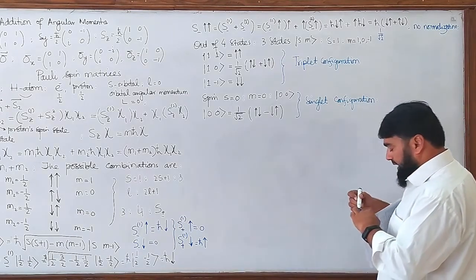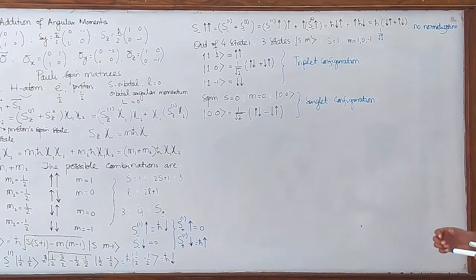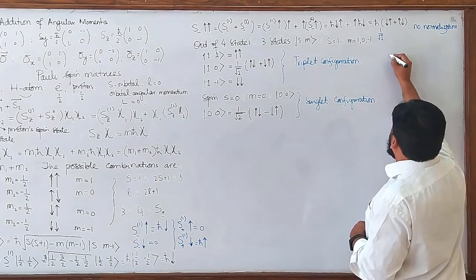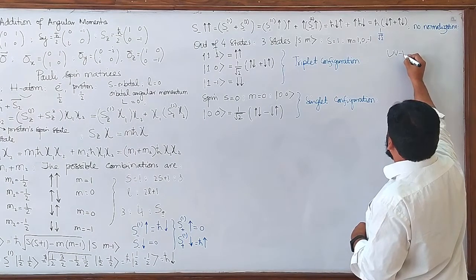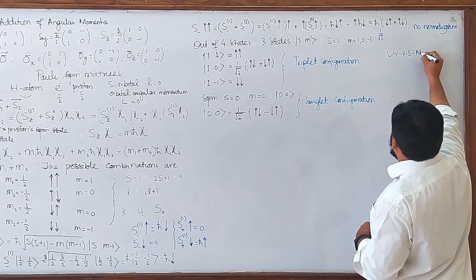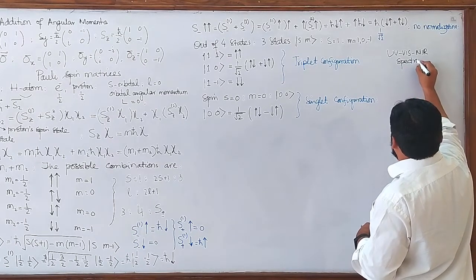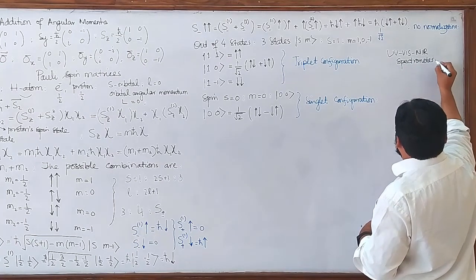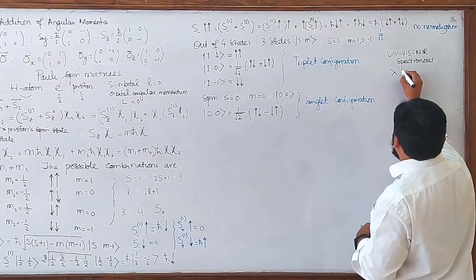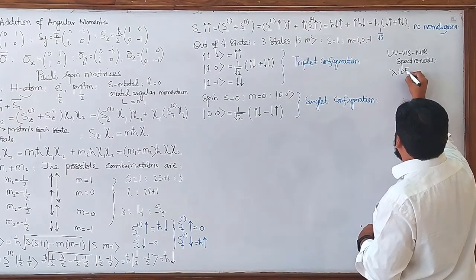Okay, and in MRL, we are having a UV-Vis NIR spectrometer. This spectrometer's model is Lambda 1050.